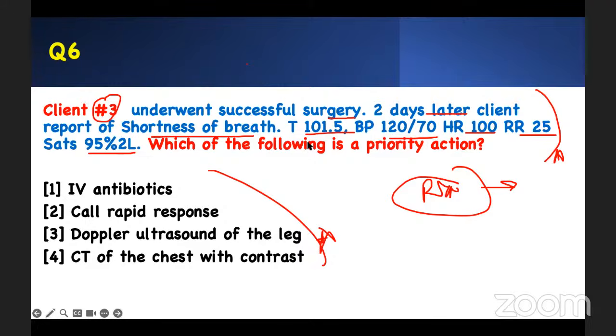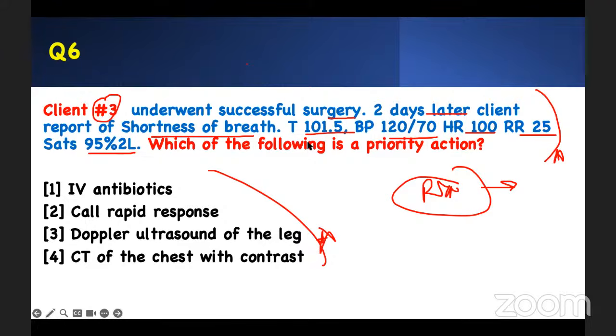PE. All of them, the signs and symptoms look the same, but you have to look at it. I never told you about any abdominal symptoms. That means I don't want you to think about a leak. I gave you enough information to think about something else. And this sounds like what? Pulmonary embolism.